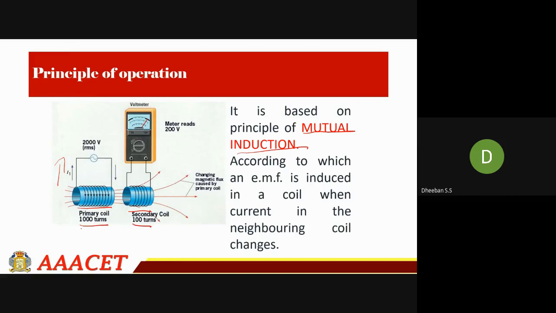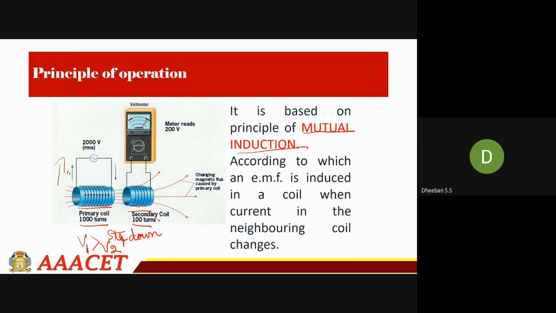Here there is a larger number of turns, and here there is a smaller number of turns, so it is a step down. At the output side, your number of turns is less, so it belongs to step down. If it is a step down, the voltage value will be lower at your output side.